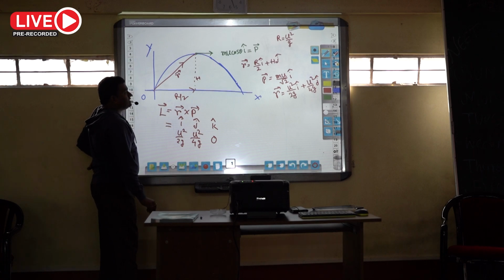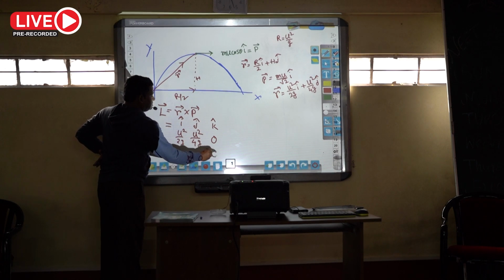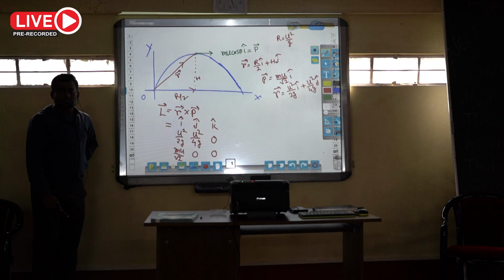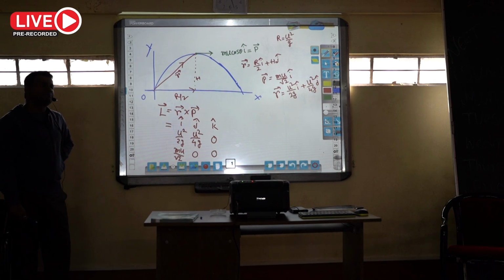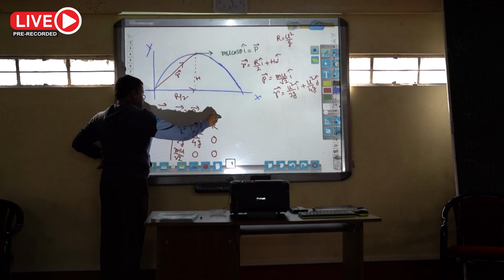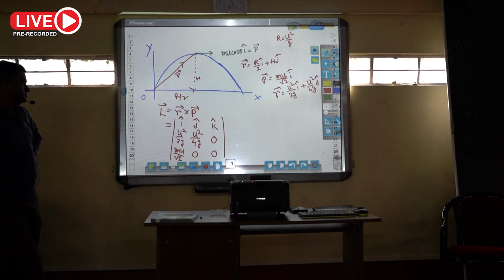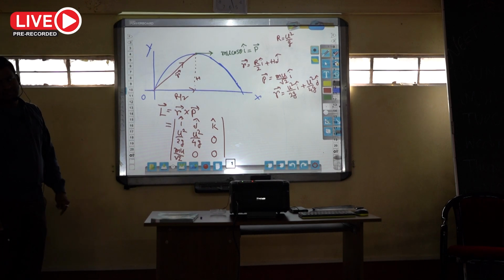And for p vector, it is m u by root 2, 0, 0, because there is no other term except i cap in the p vector. So only the coefficient of k cap you have to calculate, no other is required, because all other terms will be 0.